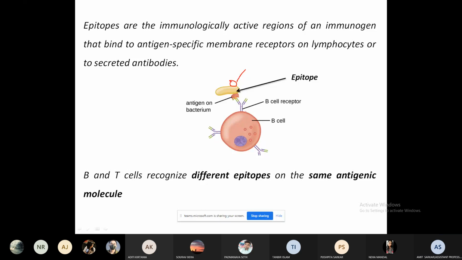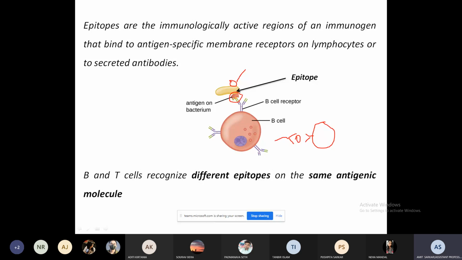So when this B cell presents this particular epitope to the T cell along with the MHC molecule, the T cell will not be able to recognize it through its membrane-bound TCR, or T cell receptor. They require different types of epitopes.